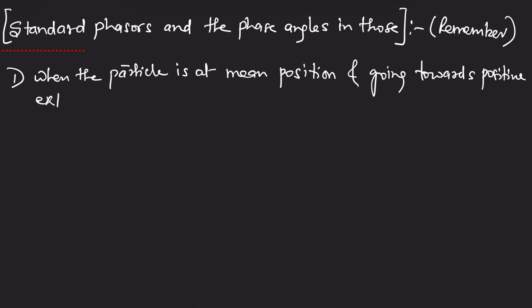So in that case guys, let's say this is the axis on which it is going to oscillate, and this is your positive extreme and this is your negative extreme. So the particle is right now here and pointing towards this side.